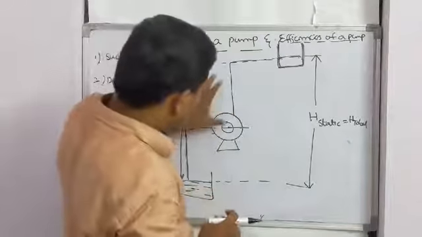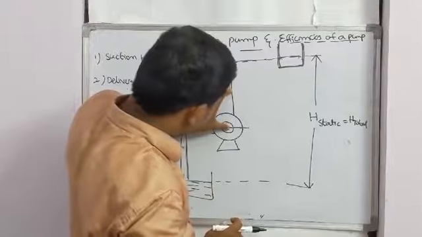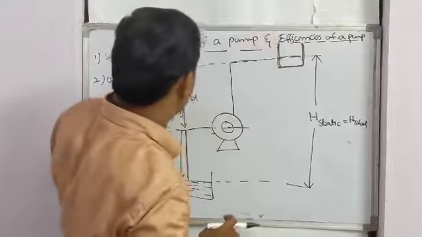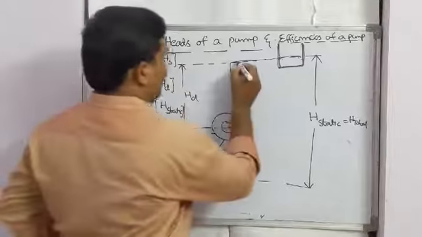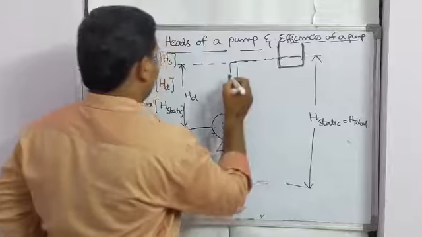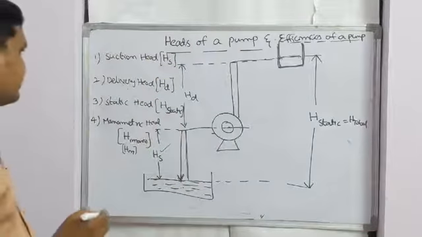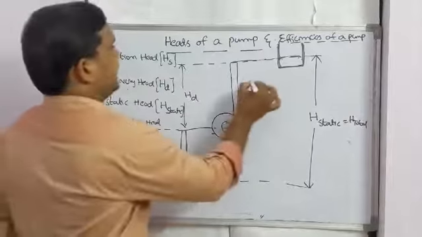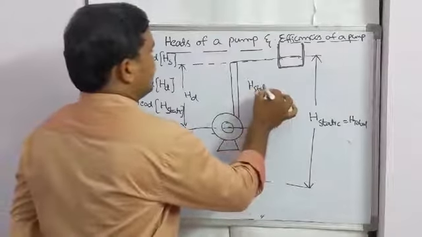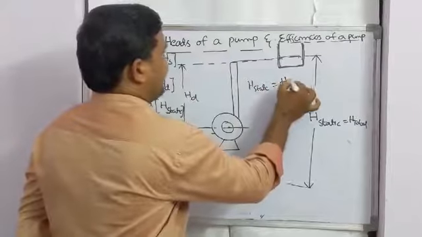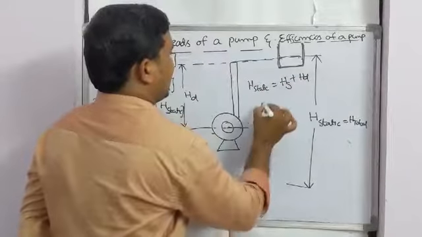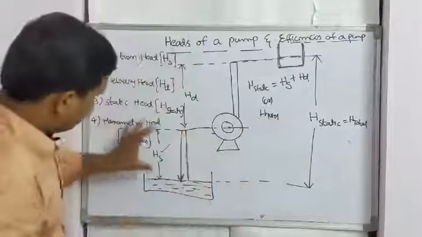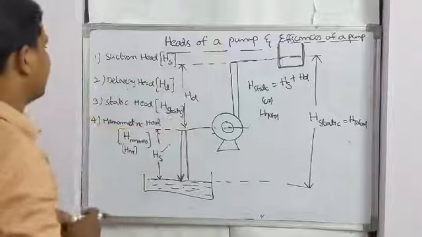So the vertical height between the central line of the impeller and the tank water surface is called the delivery head, which is also the total delivery pipe length. Then the static head is the summation of the suction head plus the delivery head, called the static head or total head.